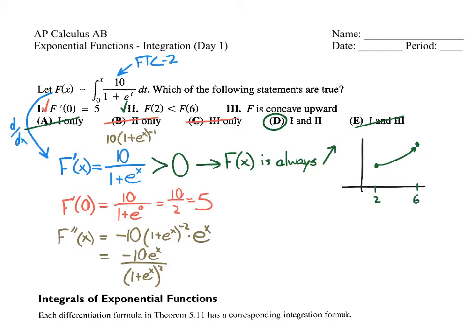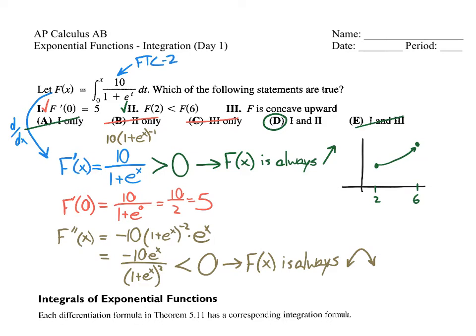Well, something squared is always positive. e to the x is always positive. But I have a negative 10 times those. So I know that this is always going to be negative. Which means it's concave down. f prime of x is always concave down.